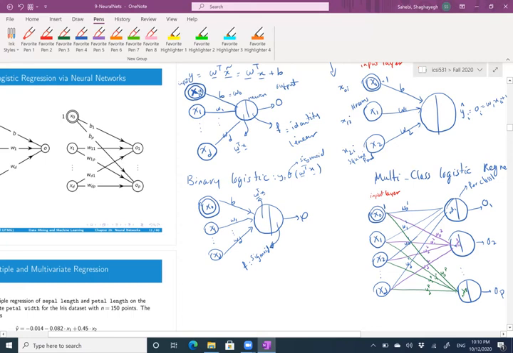Now, here also, we have a similar situation. We have the neural network architecture, we have our input data, we have our output data, and our goal is to calculate the W's that best match our data given an objective function. All right.